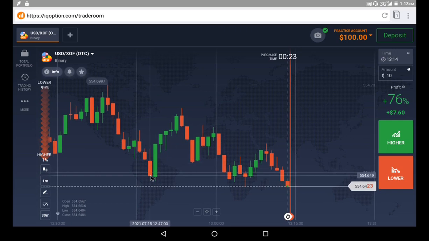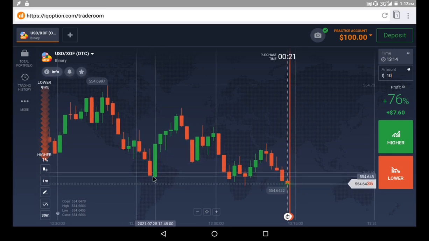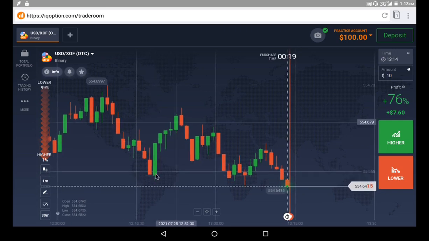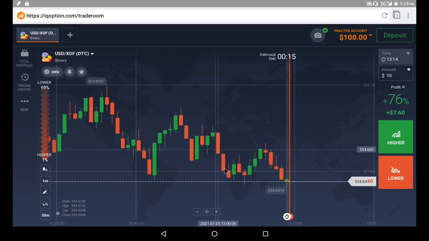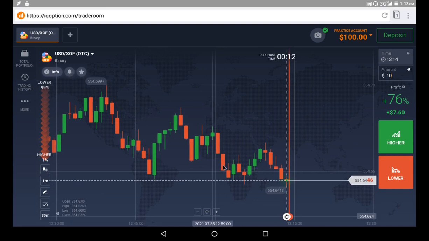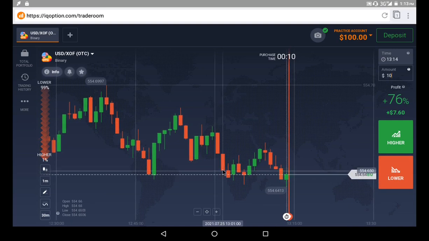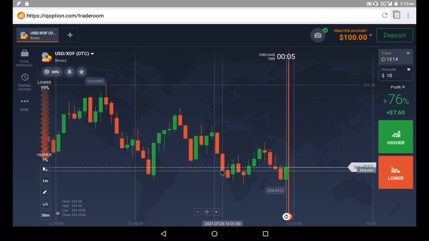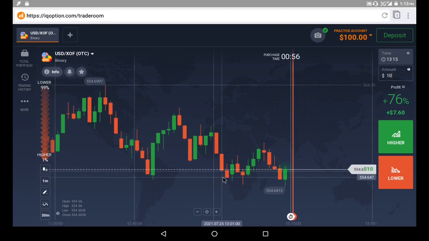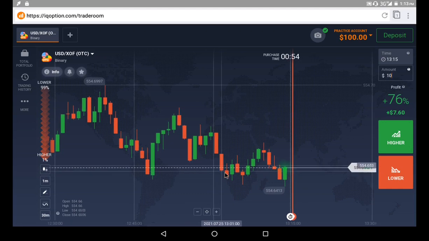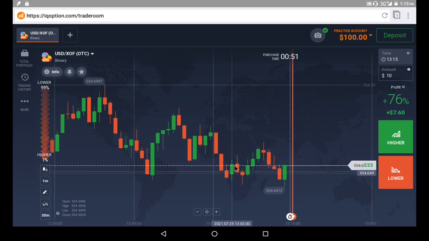After breakout of this round number, you see very strong buyers entry. Again, these two strong sellers entered, but they've not broken this level. The candle closed slightly above the round number, so we can't go with buyers here. Now after breakout of this round number area, we are seeing a buyer entry.